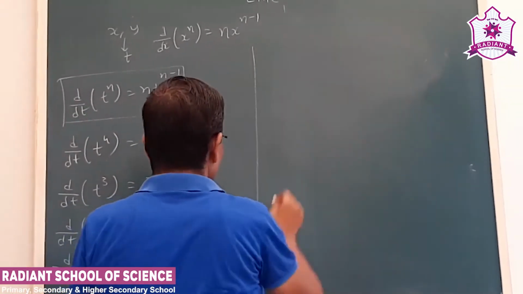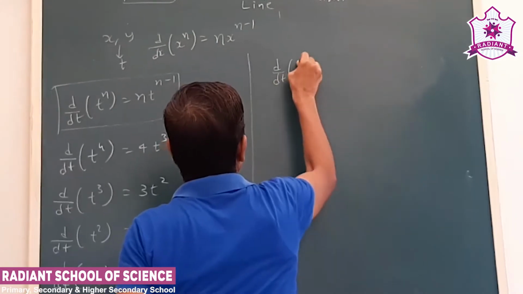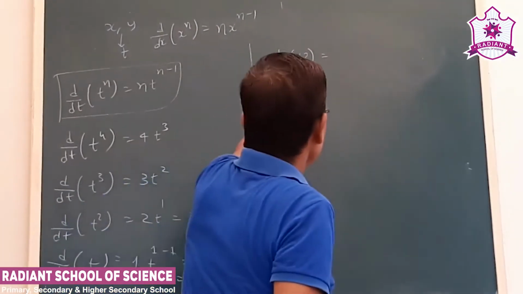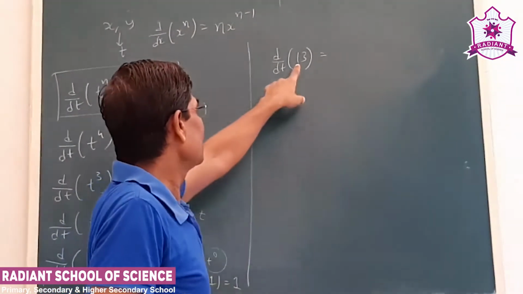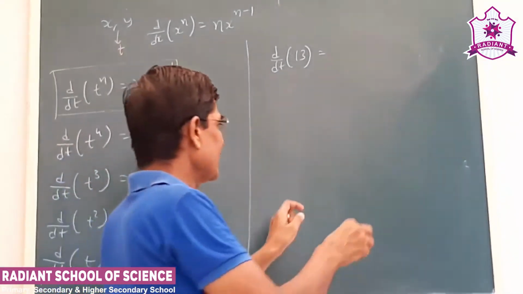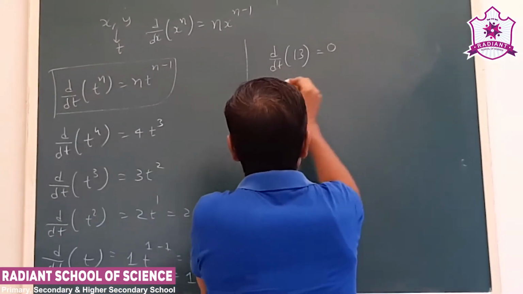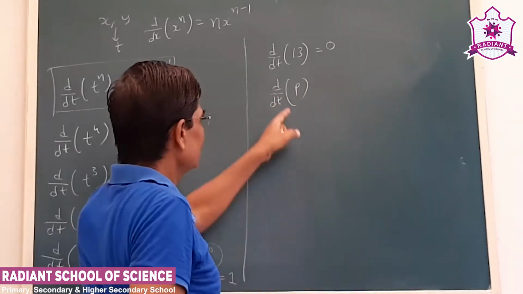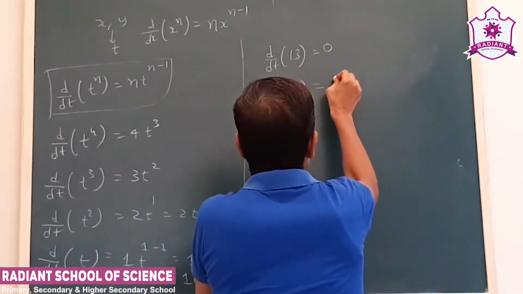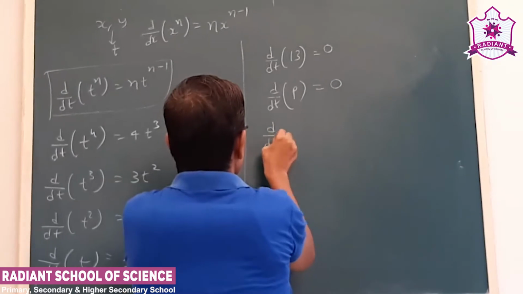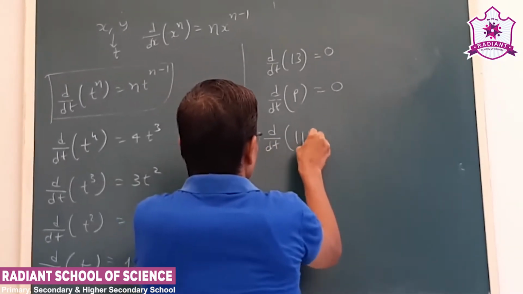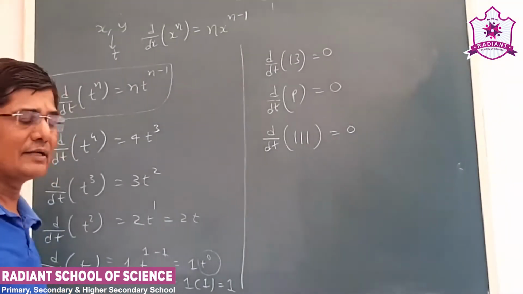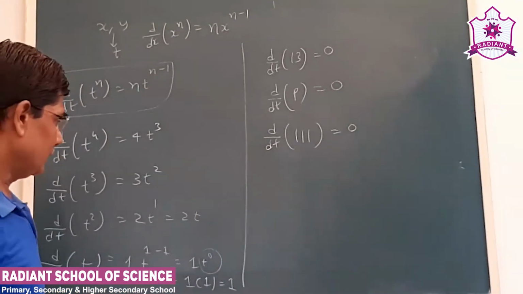Now the derivative of a constant term. d by dt of 13: this does not contain a term with t, so the derivative of any constant term is 0. Suppose it is d by dt of p, where p is constant, then the derivative is 0. d by dt of 111 is also 0. So we have to remember the derivative of any constant term is 0.